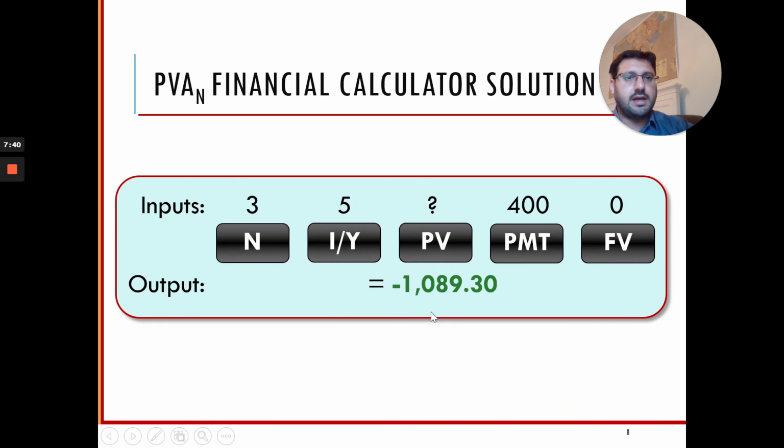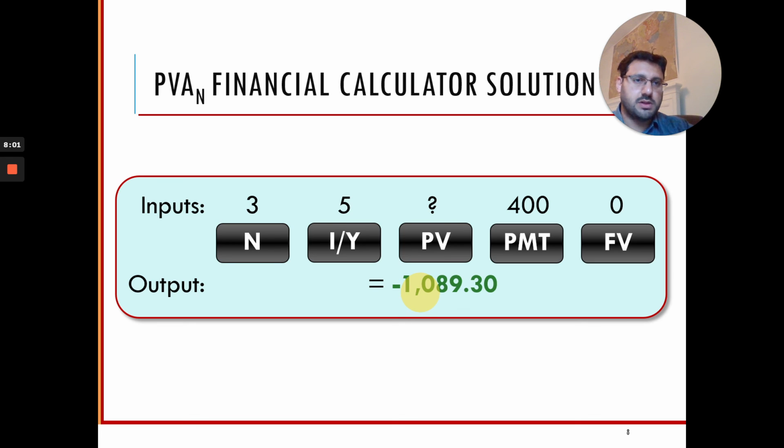With the calculator, I have just shown you how you can compute it. You need to feed 3 in n, 5 in the interest rate, per period interest rate, PMT is 400 and future value is 0, and now your value will be 1089.